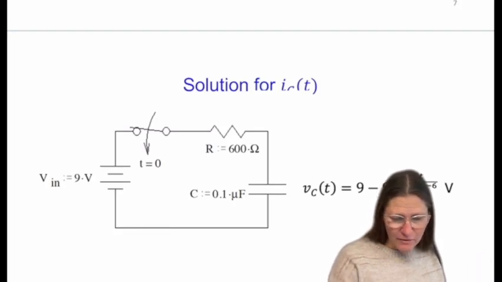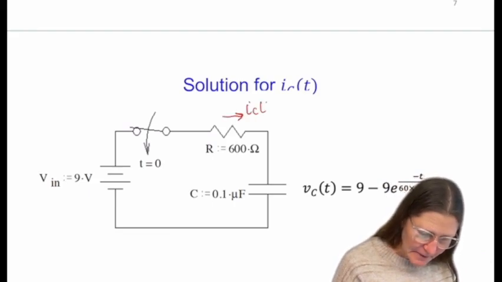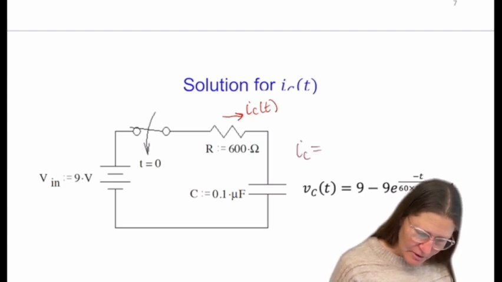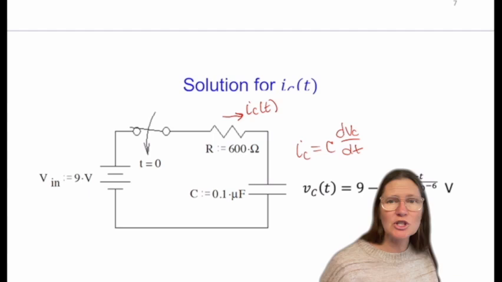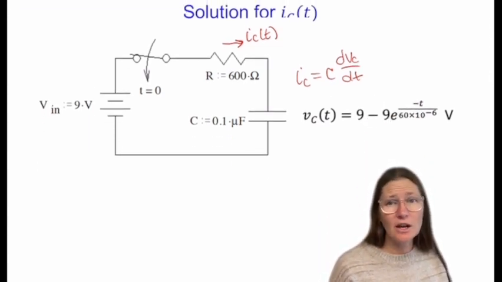If I wanted to now find IC of t, it's going to be C dVC/dt, and then I actually just differentiate that equation I just found. So I can just take C times this whole thing.